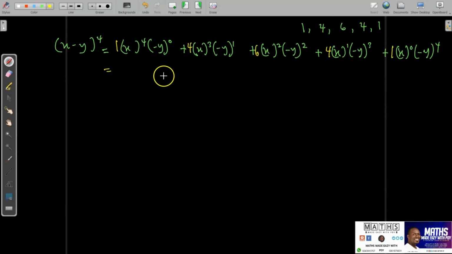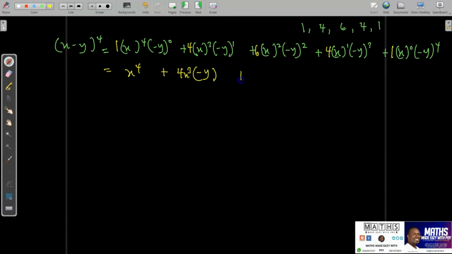Expanding and simplifying, negative y to the power 0 is the same as 1, so this will be left with 1x to the power 4. Over here, negative y to the power 1 is the same as negative y, but this will be giving us 4x cubed. Then we'll put our plus sign here. Remember the negative sign is there. I'll write the final answer later on.